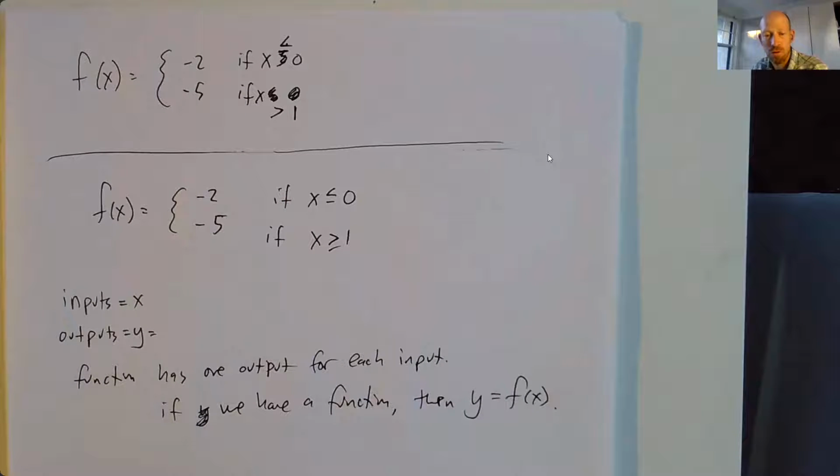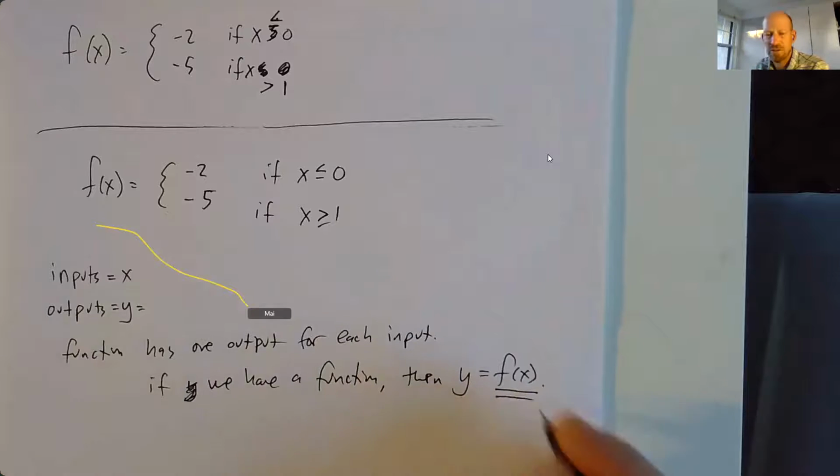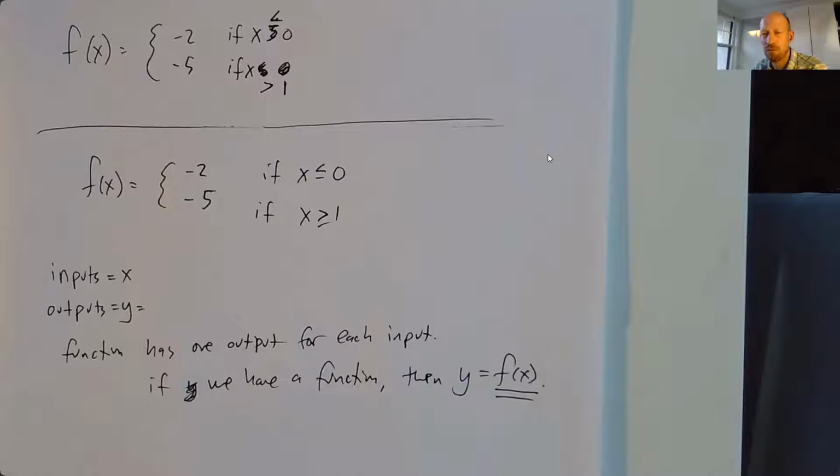What this f of x notation means is that we're working with a function and the y values come from the x values. That's the important relationship: you start with an x value, and if it's a function, it should create one y value from that.